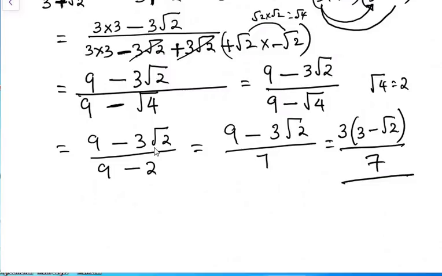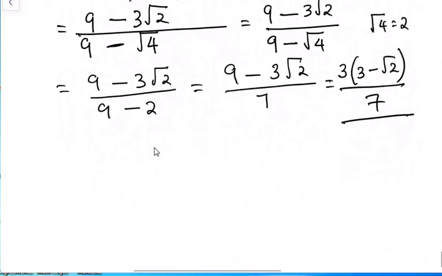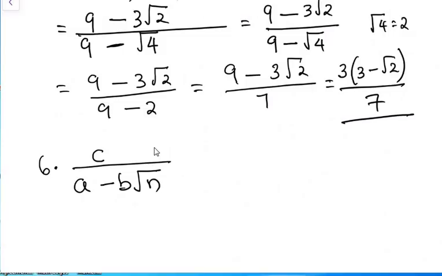So you can see in this instance, this is how we handle rationalizing the denominator. Like I just mentioned previously, the sixth rule is just the opposite side we mentioned, and I'll repeat it just for emphasis. So we have c over a minus b root n.